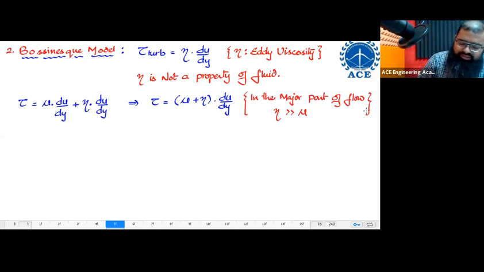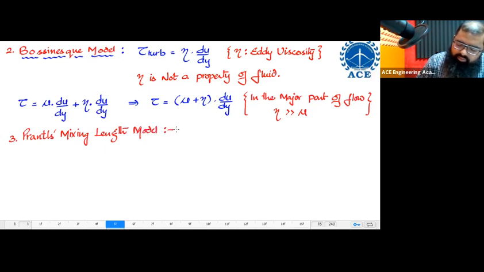Now come to the last model. The last model over here is a third one, which is known as the mixing length model, or Prandtl's mixing length model.